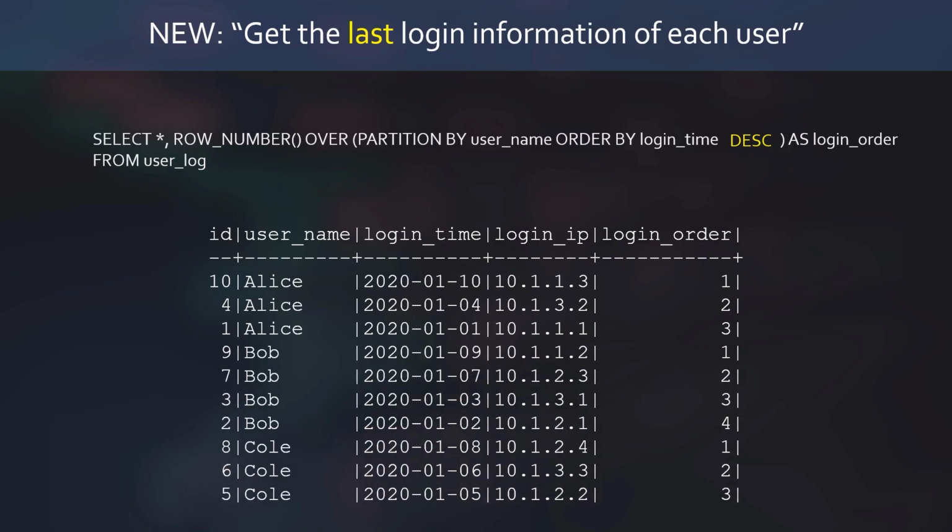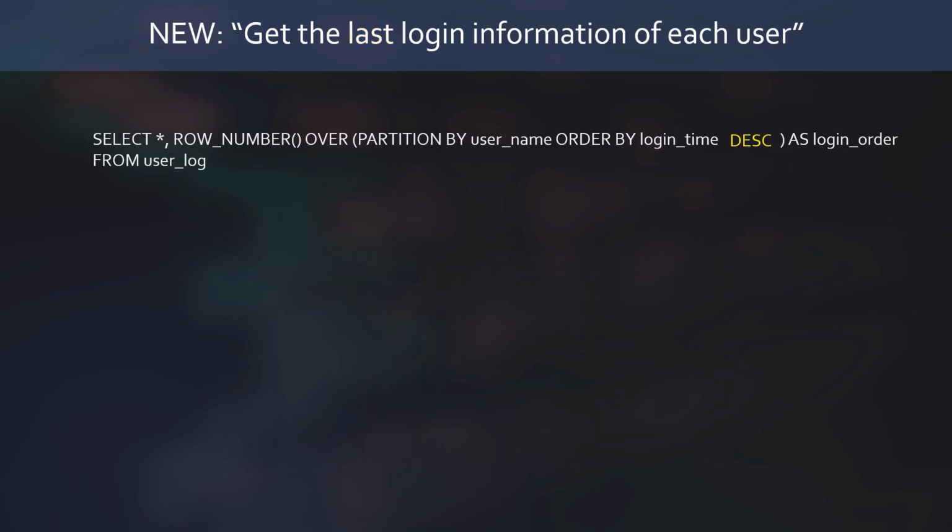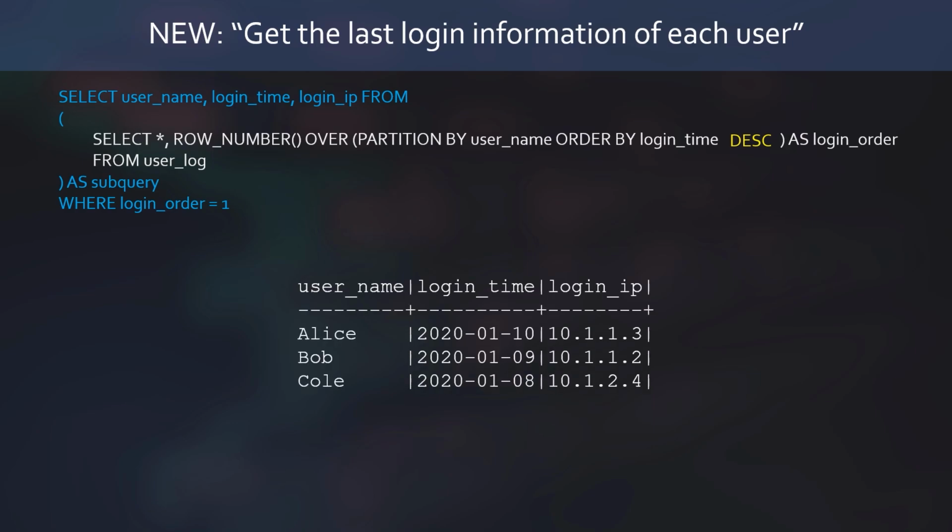You can see login order number 1 is assigned to the last login time of each user. Then, we again use a second query to extract data. The result is perfect. Okay, well done.